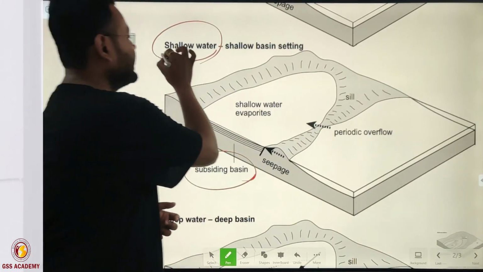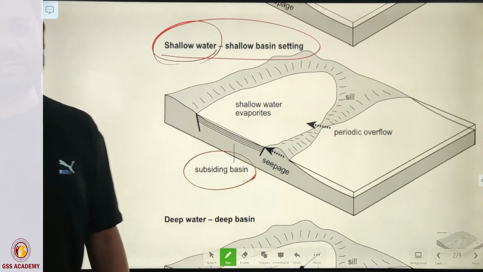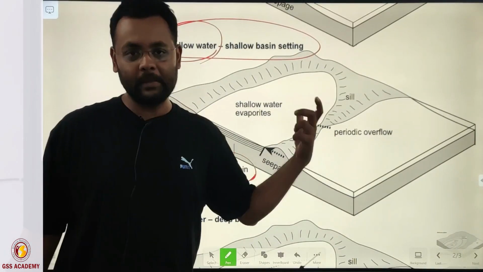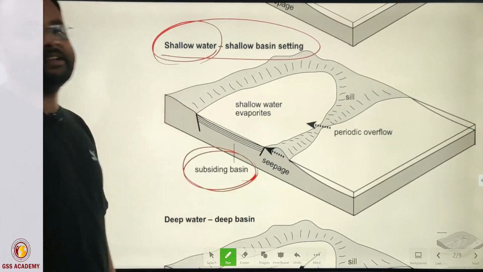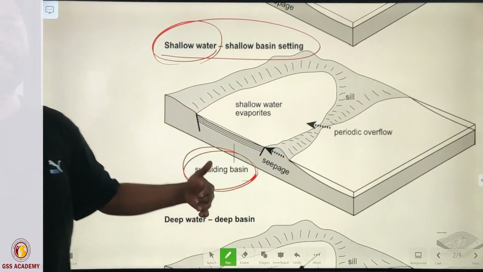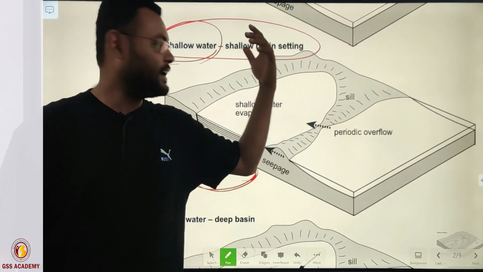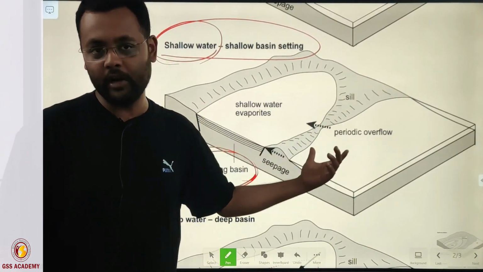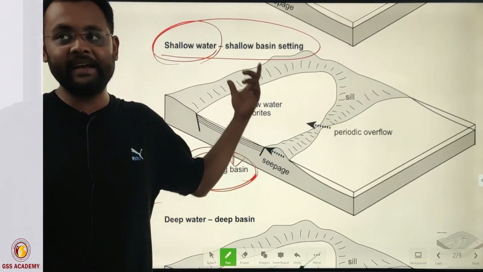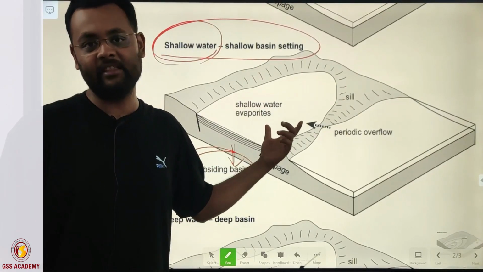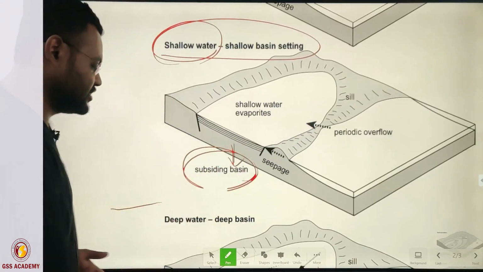Again I am telling, in this shallow water, shallow basin setting, a very thick volume of evaporites will only result if the basin subsides in a continuous manner. So although the basin contains a very low volume of water, due to the continuous subsidence of the basin, gradually a very thick layer of evaporites will result.